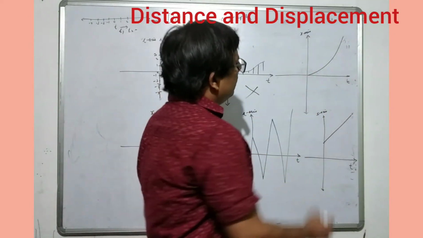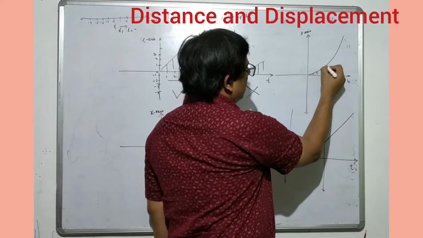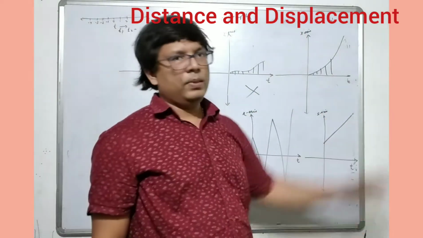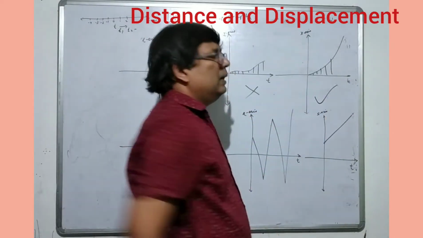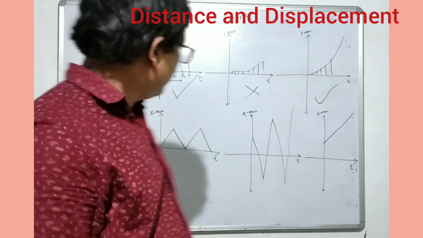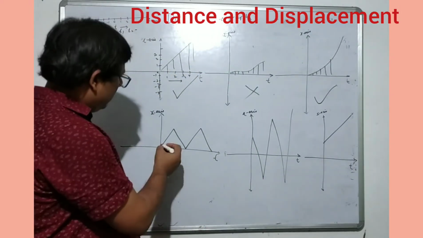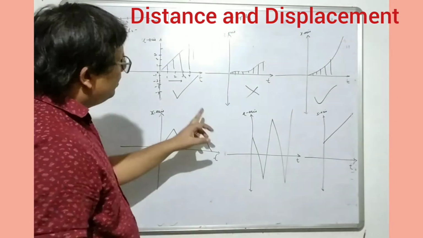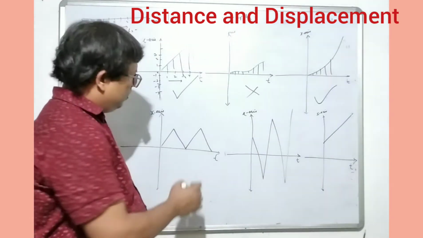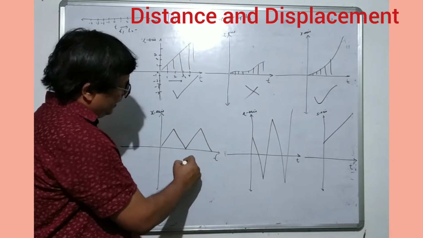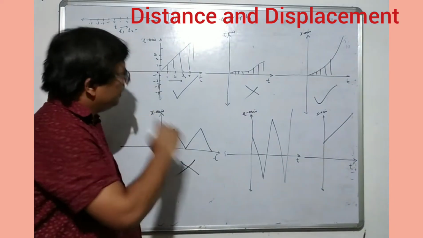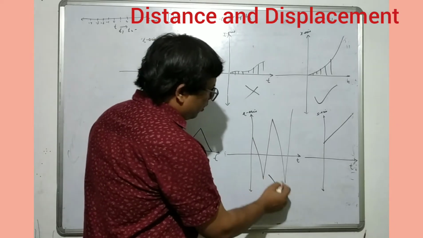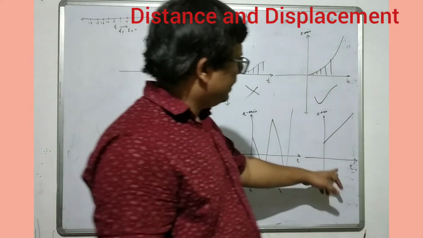In this case again, we are seeing that the x position is increasing with time. So this may represent a distance versus time graph. In this one, it goes up and then comes back to 0, goes up, then comes back to 0. So this cannot be a distance versus time graph. In the same way, this cannot happen. What is happening here?